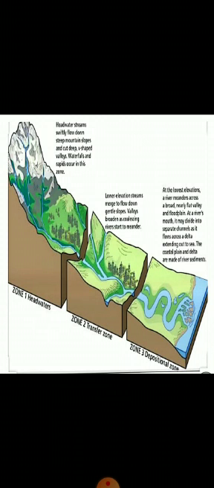The second stage is also called the middle course. The river enters the middle course as it enters the plains. As the river now flows on a flat surface, its speed lessens. The river now meanders and forms loops. The third stage is also called the lower course.